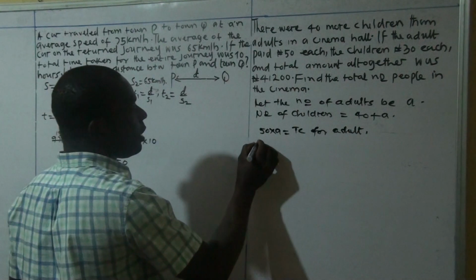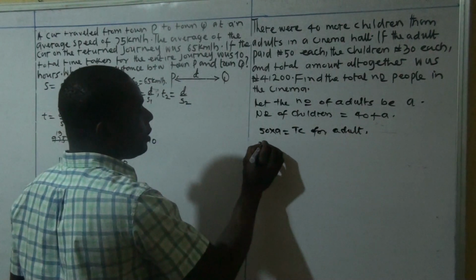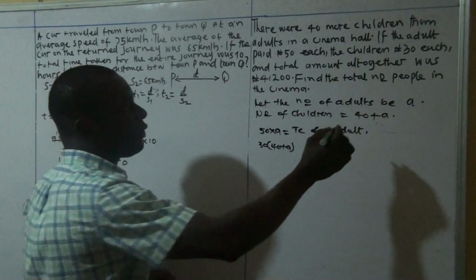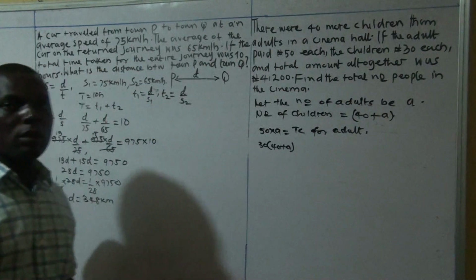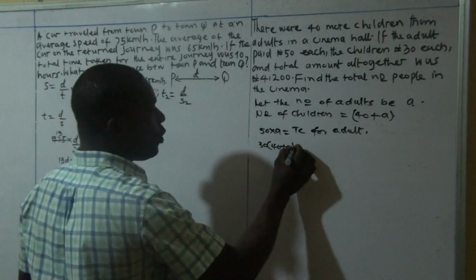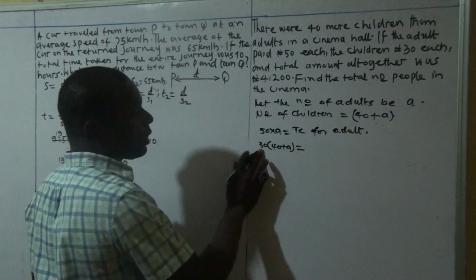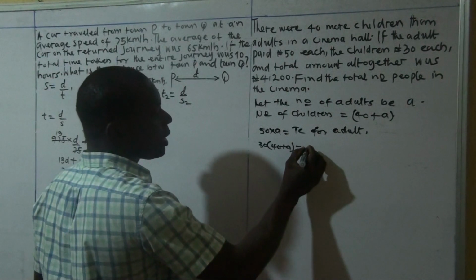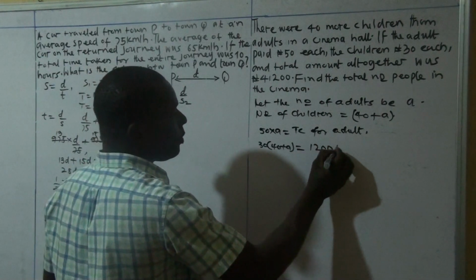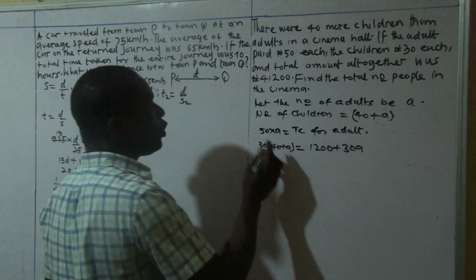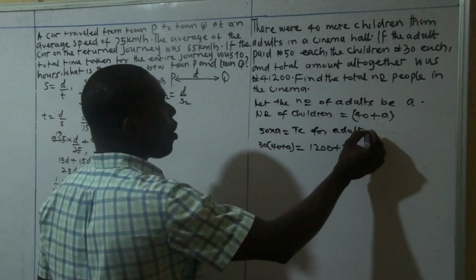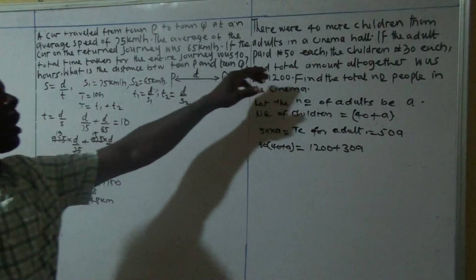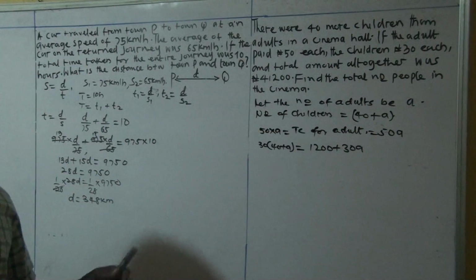Then for children it will be 30 into 40 plus A, where 40 plus A is the number of children. By the time we open this bracket, we distribute the 30, and this will give us 1,200 plus 30A. For adults it will become 50A. And they said the total amount paid altogether, that means we're talking about addition here.